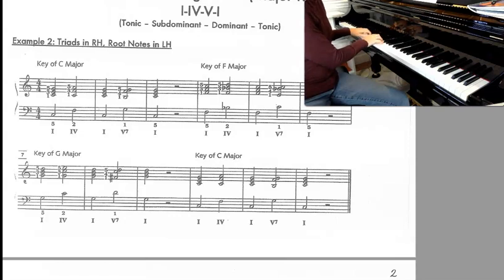So here the right hand still plays the chords, left hand is just playing the root position. You do that in F, 1, 4, 1, 5. You can do that in the key of G. Same thing, left hand just playing the root notes.